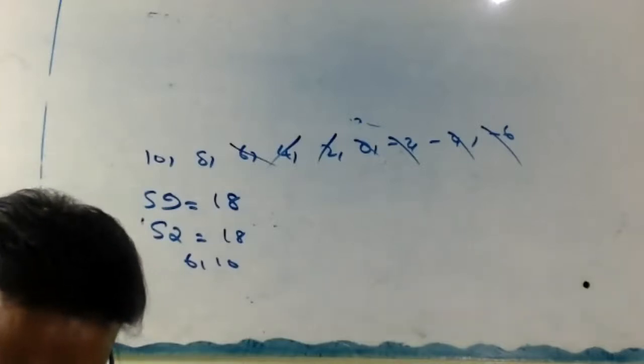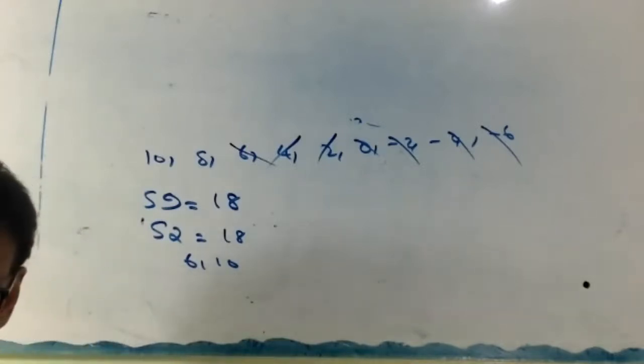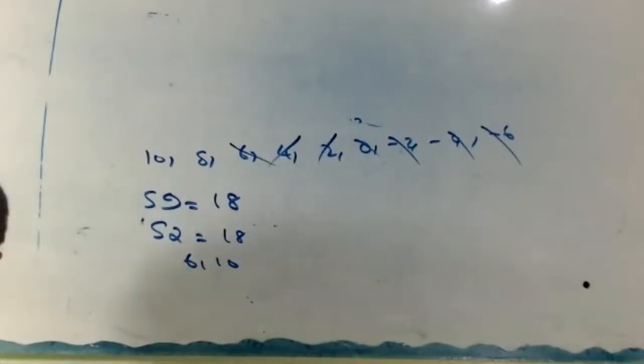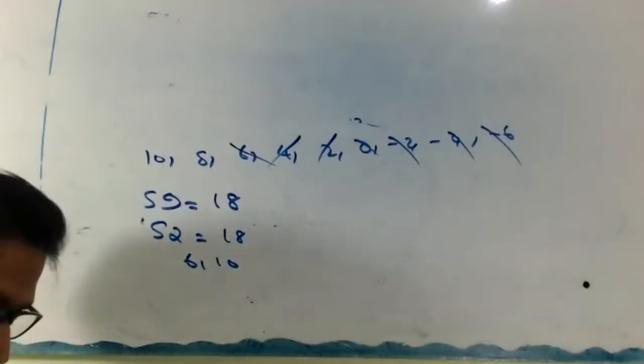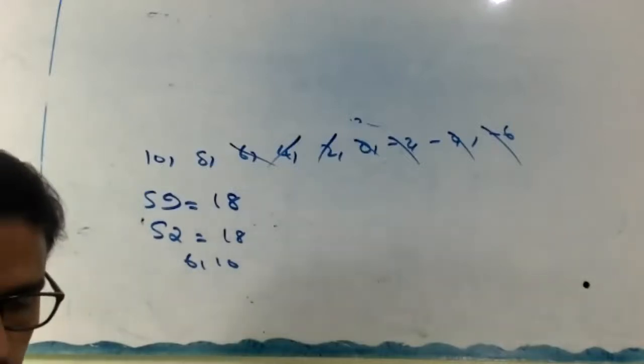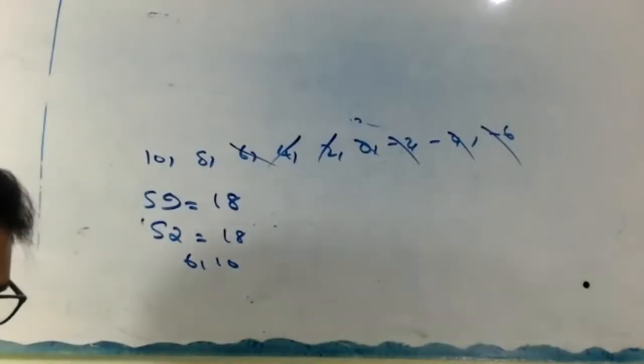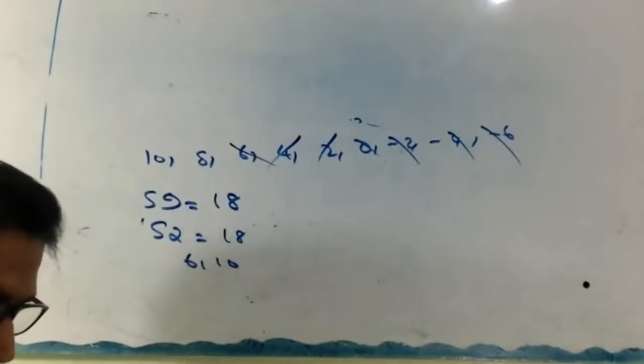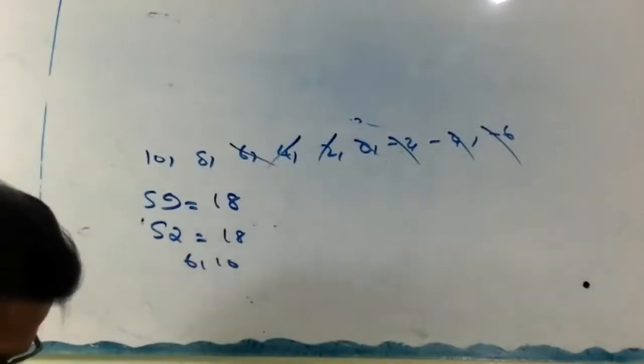Trigonometry will continue through all the classes: 11th, 12th, engineering, even physics and chemistry, everywhere trigonometry is applied. Without trigonometry, you cannot start any chapter in 11th and 12th. All chapters are linked with trigonometry, so be very careful. Okay, so next question. Clear now?